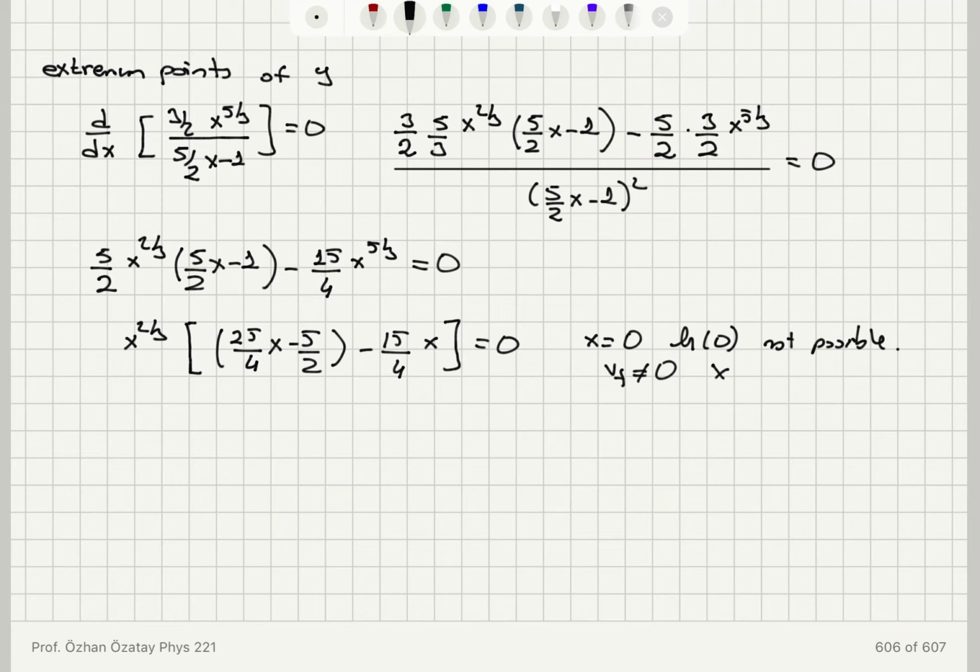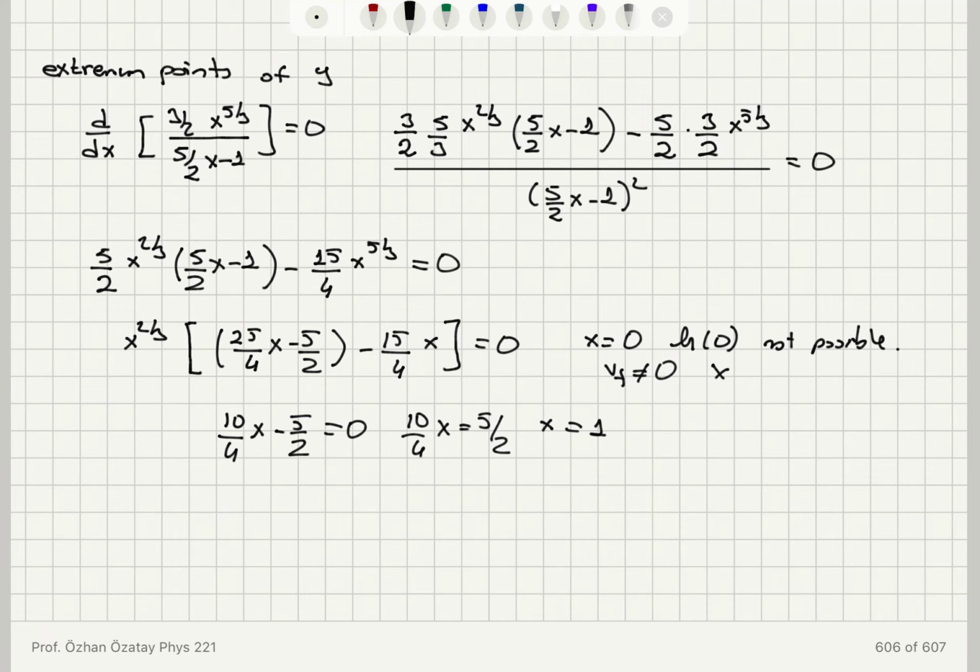The second one is basically the parentheses. I have 25 over 4 x minus 15 over 4 x, 10 over 4 x minus 5 over 2 is equal to 0, 10 over 4 x equals 5 over 2, and that means x is equal to 1.